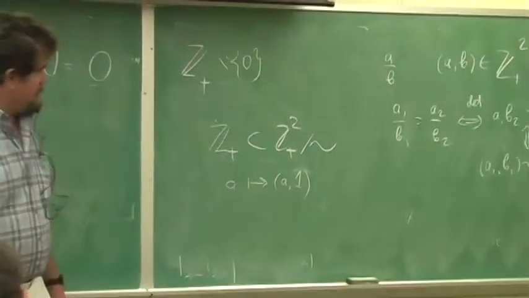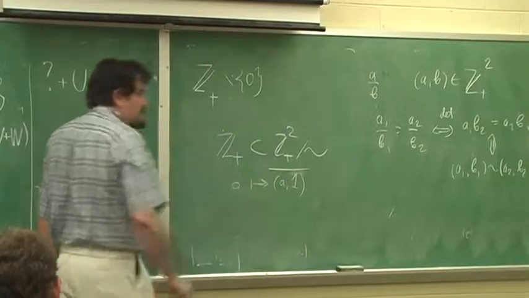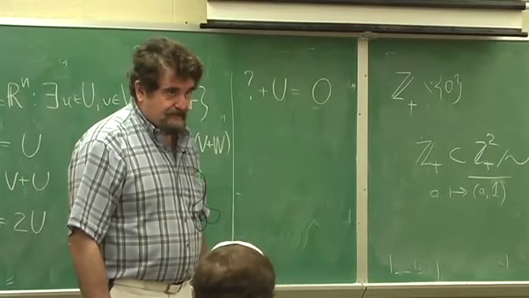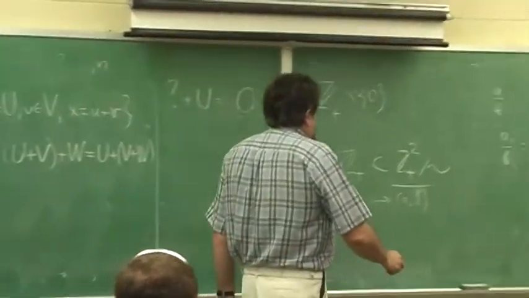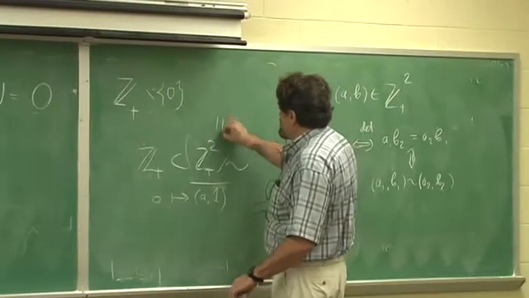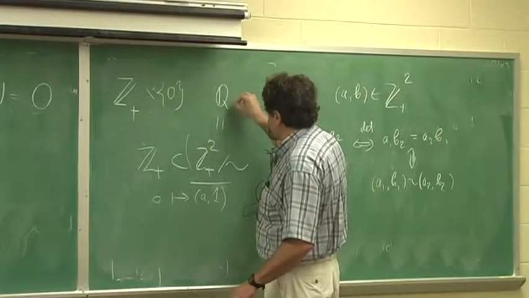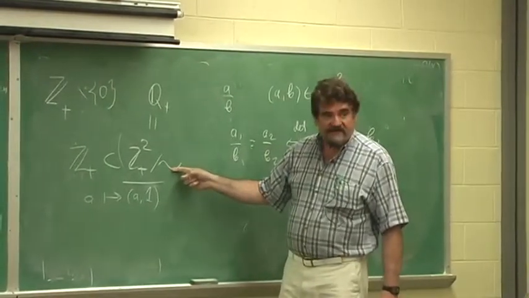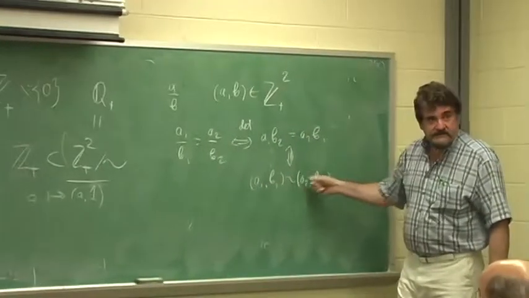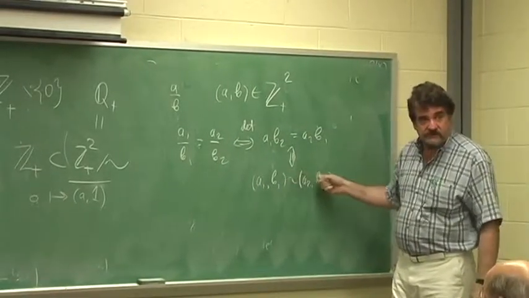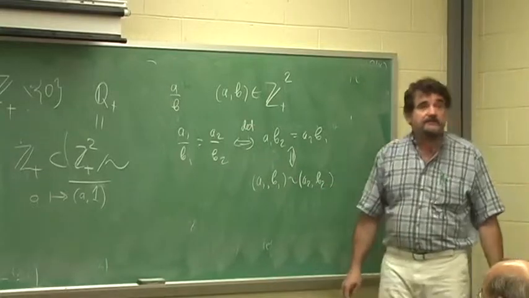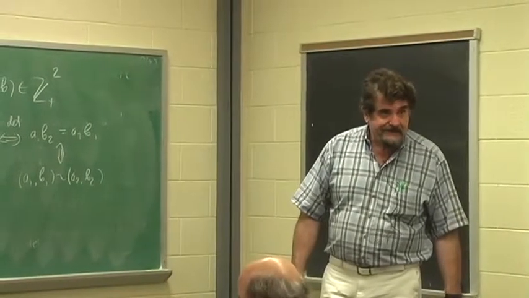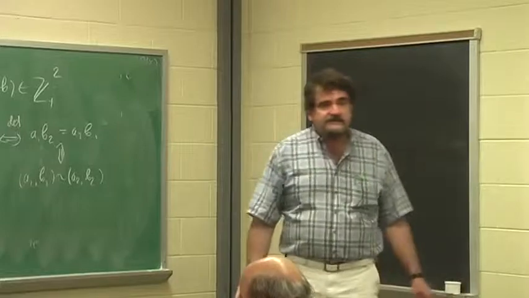So I take A, and in this case I should take the equivalence class of this pair. This set of equivalence classes of pairs with this equivalence relation is called Q plus, the set of positive rational numbers. Correct? And in rational numbers we can divide.